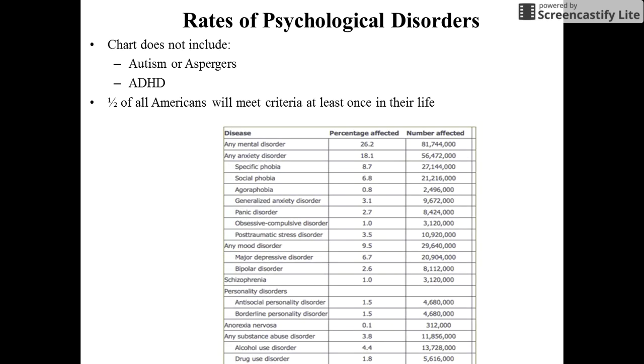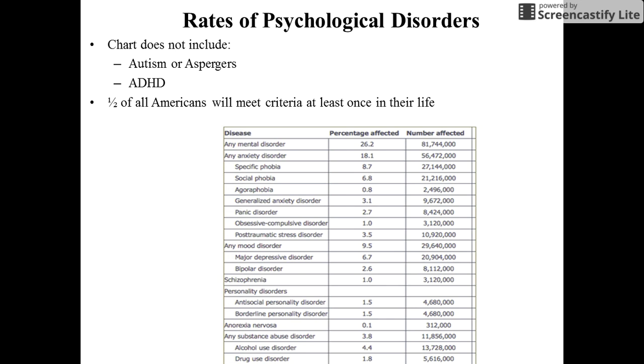So this chart talks about the rates of psychological disorders in society. Half of all Americans at one point in time will meet the criteria for displaying one type of potential disorder. If you look at this chart, you can see that 26% of the population is faced with any mental disorder.